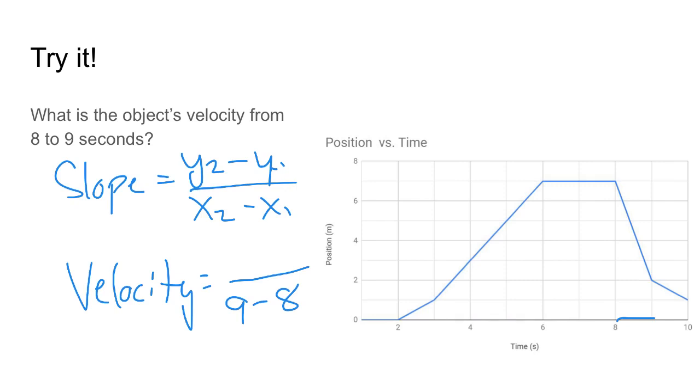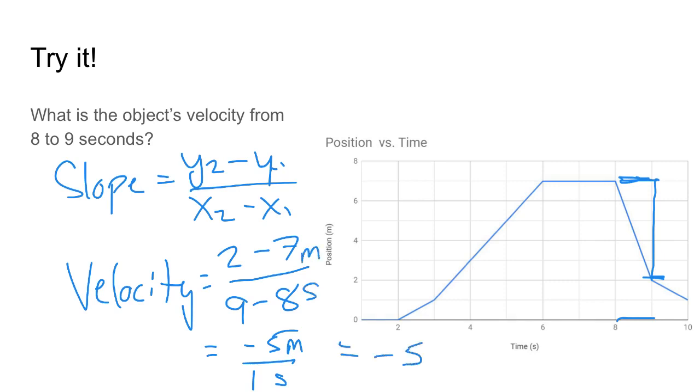And we went from 7 down to 2. And so remember, my y2 is what I ended up at. We're looking at the final y first. So I have 2 minus 7. And so I end up with negative 5 divided by 1. And this is meters, this is seconds. We should have that in here, my bad. And so we have a velocity of negative 5 meters per second.